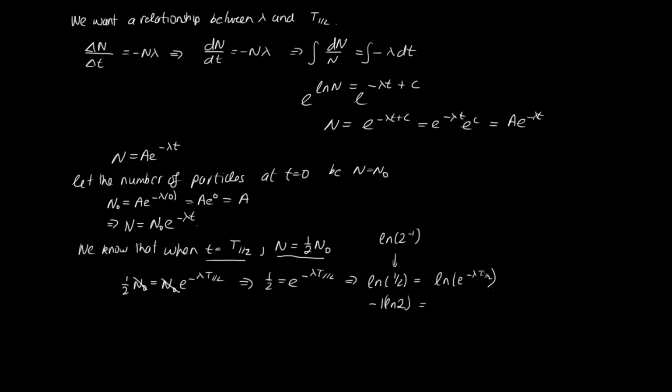And then this, we can bring this exponent out the front, is equal to minus lambda t1/2 log of e. Now log of e is equal to 1. Try it on your calculator if you don't believe me. And so these negatives cancel out here, and what we end up with is log 2 is equal to lambda t1/2. And so this tells us that lambda is equal to log 2 over t1/2.